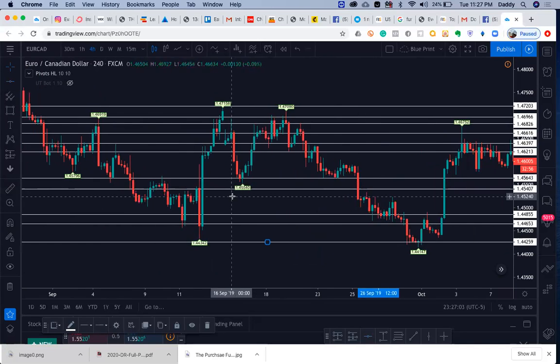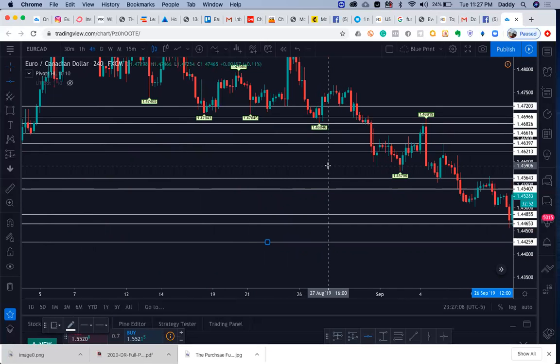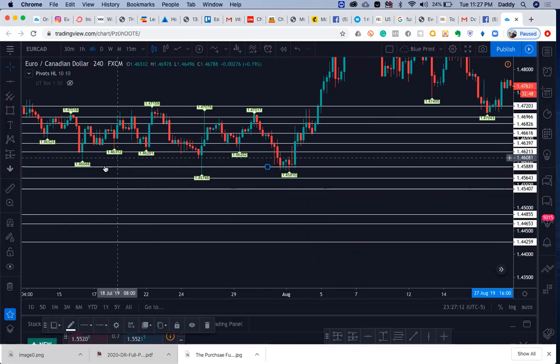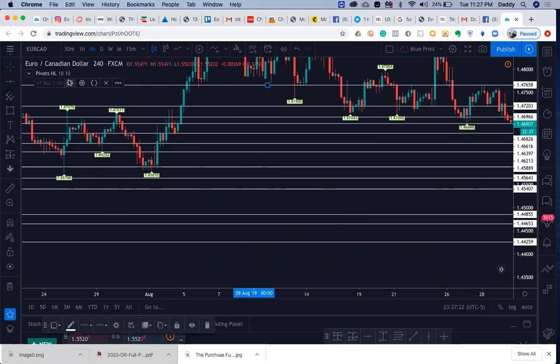These support and resistance areas are just zones. They don't mean anything other than price came to this area, and the banks basically said, price got here and it held, and it went into what we call consolidation.